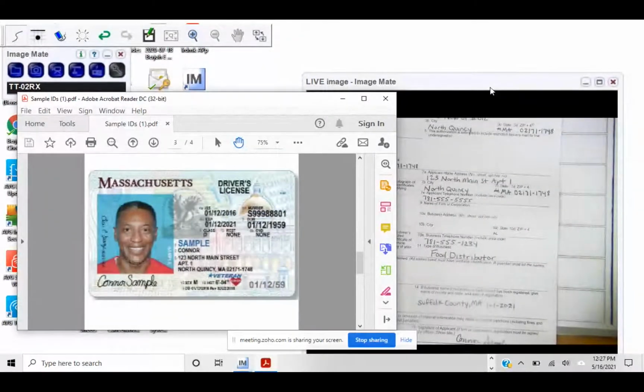In the driver's license part, what you're going to put is MA driver's license, and then you put the ID number below it. This is going in block A.